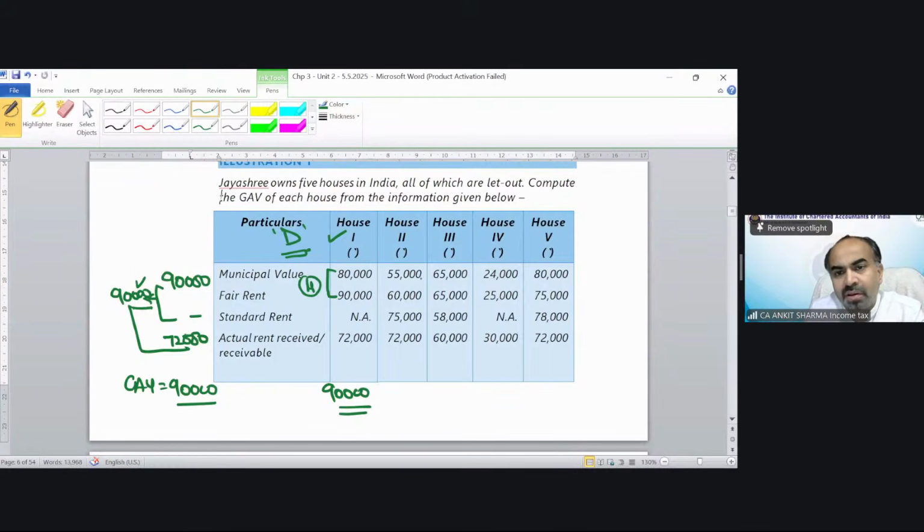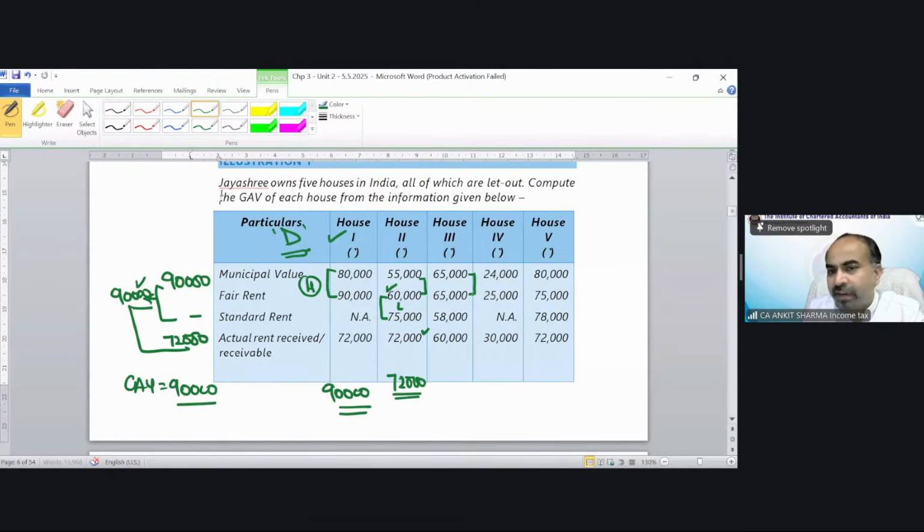Same pattern. 55 and 65, the higher is 60,000. So 55 and 60, higher is 60. Now 60 and 75, we need to take the lower value. That would be 60. And the lower 60 needs to be compared with 72. So GAV would be 72. Clear? 65, 65, you can select anything.